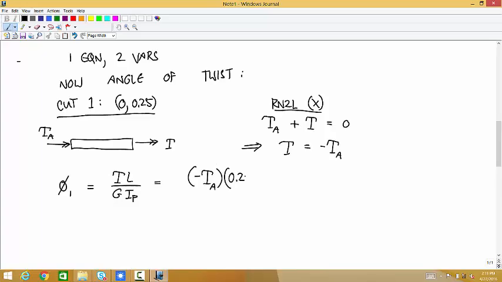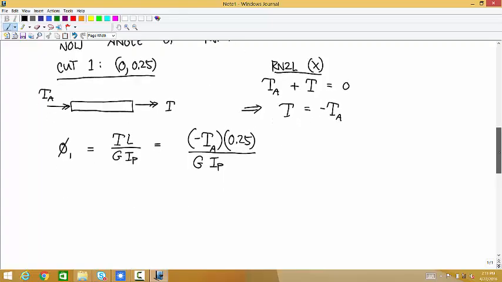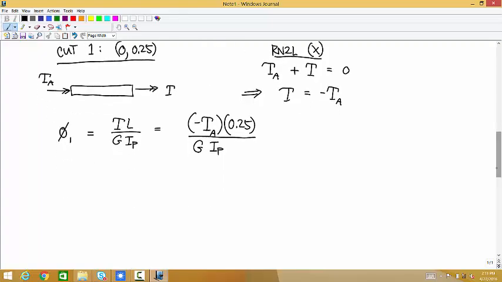The length is 0.25. G and IP, we haven't calculated those yet. I think maybe those are going to cancel out. Let's just leave those in there for now, and those are going to cancel out in the end.